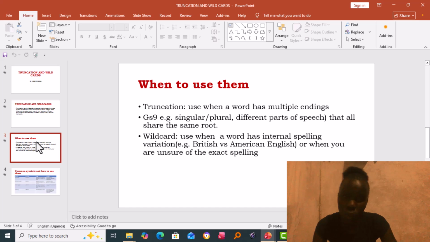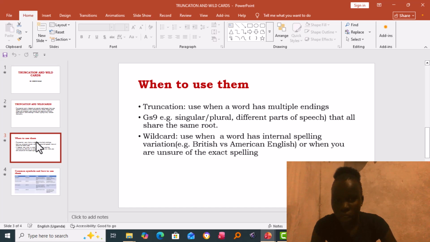So when do we use them? Truncation is used when a word has multiple endings, for example singular or plural, or different parts of speech that all share the same root.